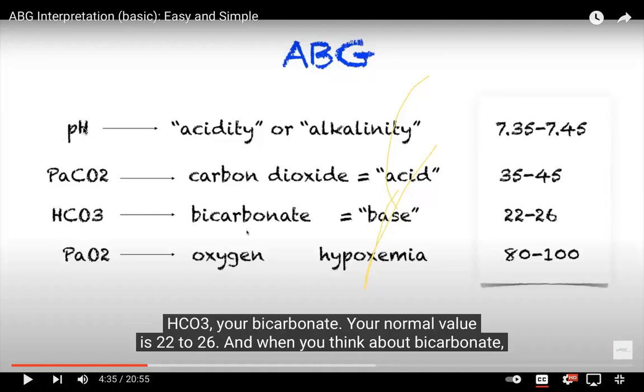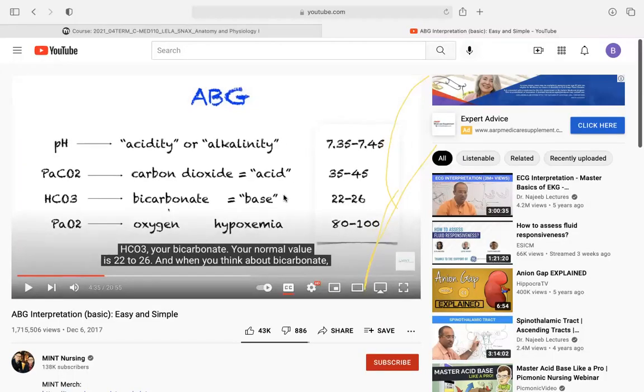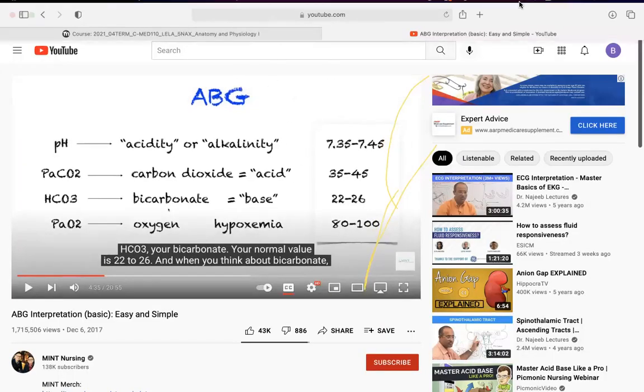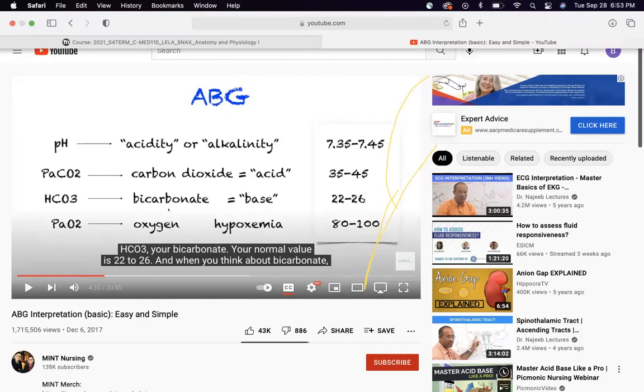And of course pH dictates whether you're acidic or alkalotic. pH is actually the negative log of the concentration of the hydrogen ion, which means if it's less than 7.35, you're acidic. Greater than 7.45, you are basic or alkalotic.